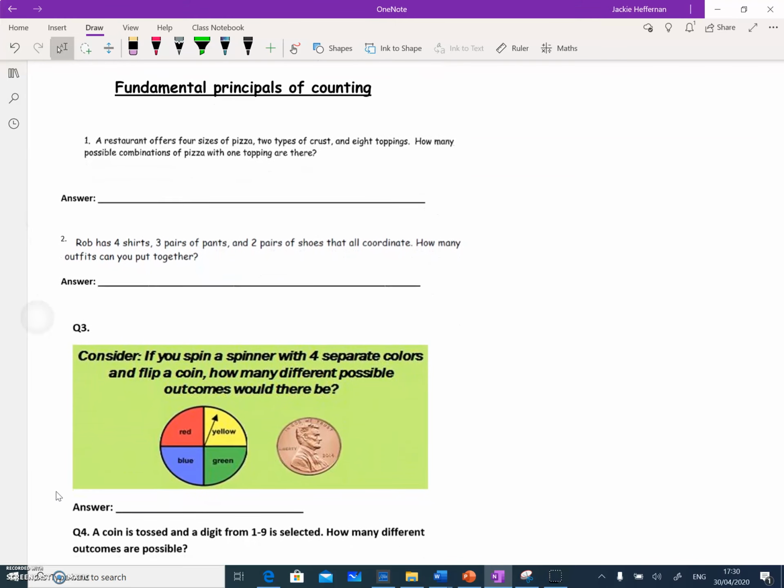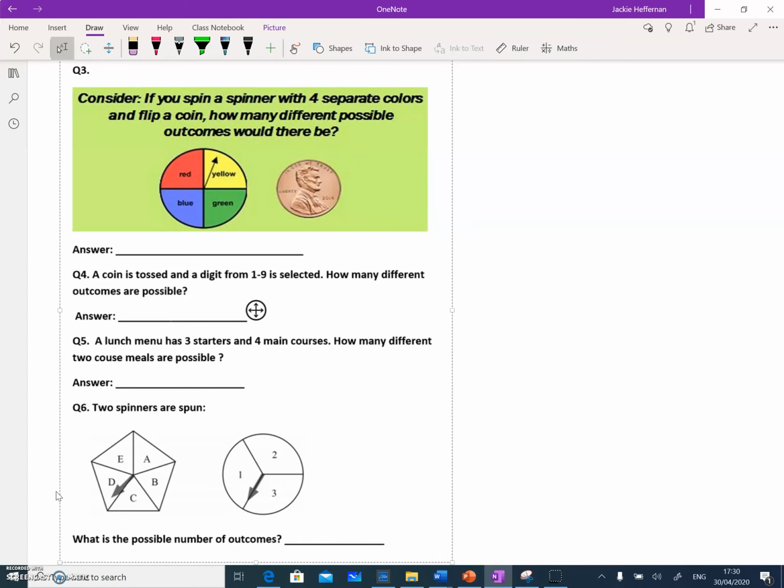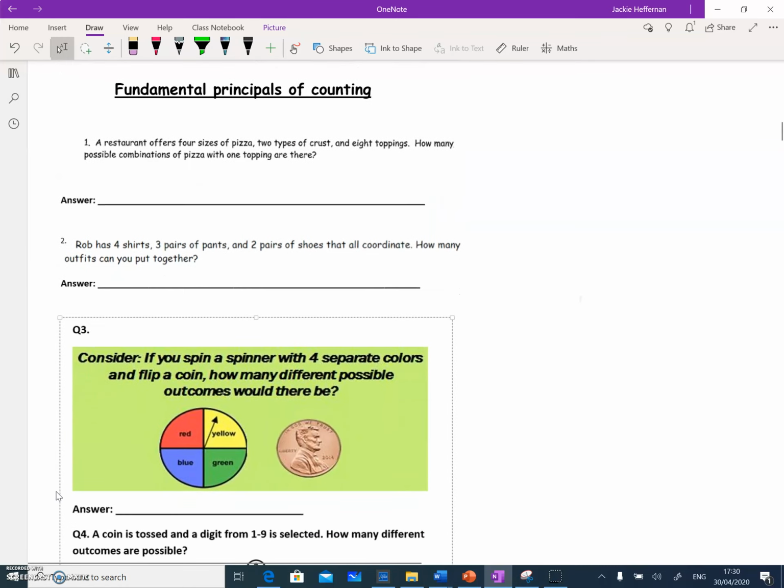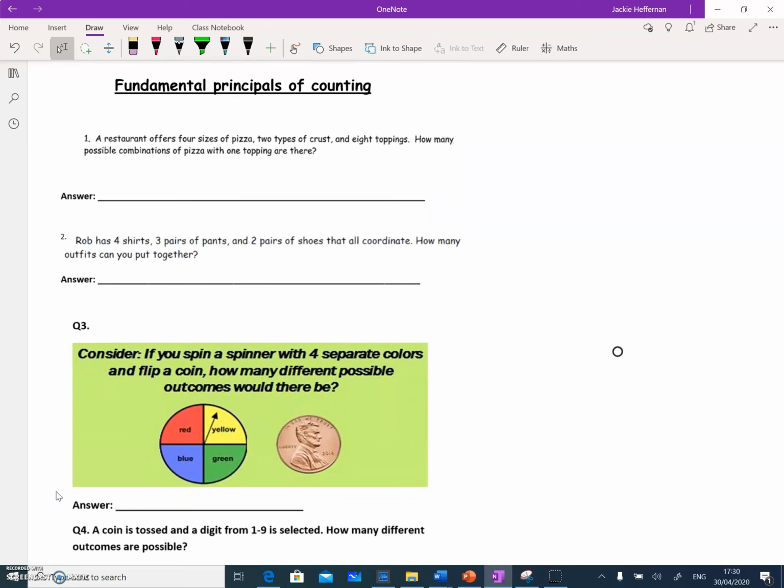Okay, fundamental principles of counting. A restaurant offers 4 sizes of pizza, 2 different types of crust, and 8 toppings. How many possible combinations of pizza with 1 topping are there? So in these ones, we just multiply the numbers that were given.